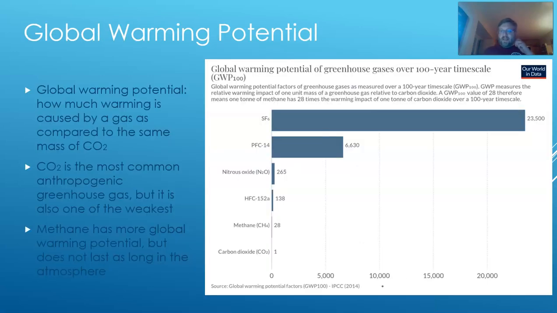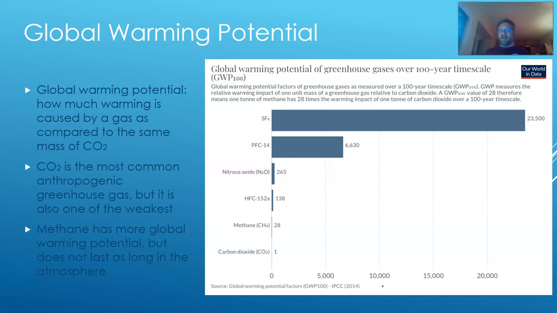So we can now dig into these specific greenhouse gases and look at what each of them is doing and how they compare to each other. And one way that we can compare different greenhouse gases is with what's called their global warming potential. So the global warming potential is how much warming is caused by this gas as compared to the same mass of CO2.